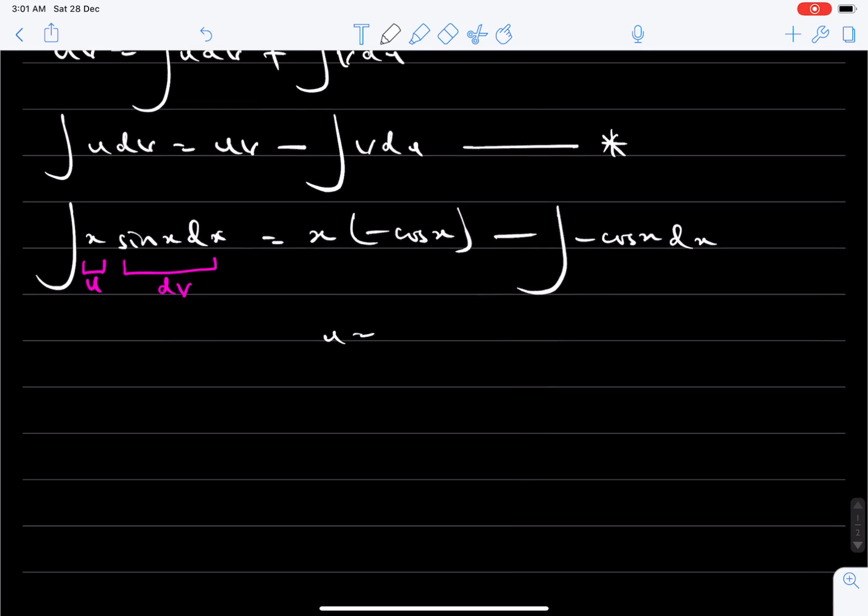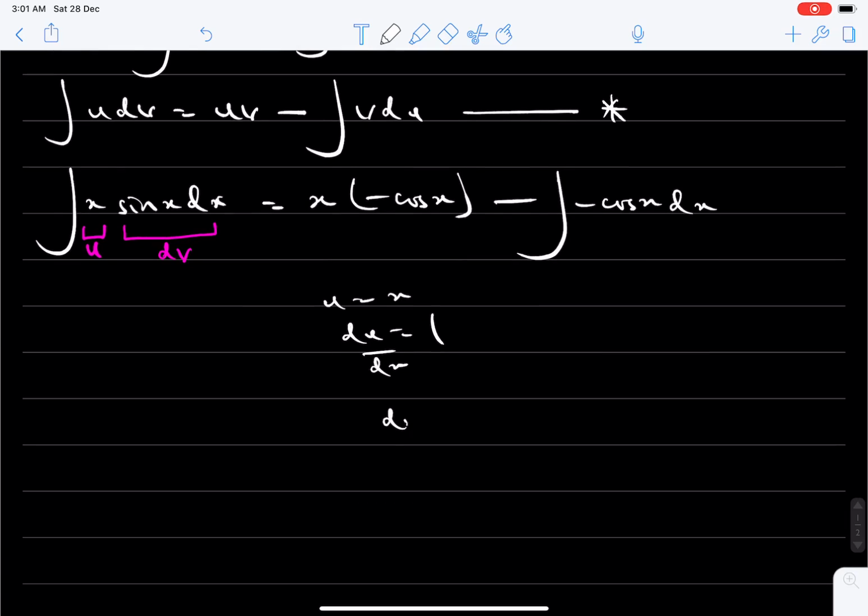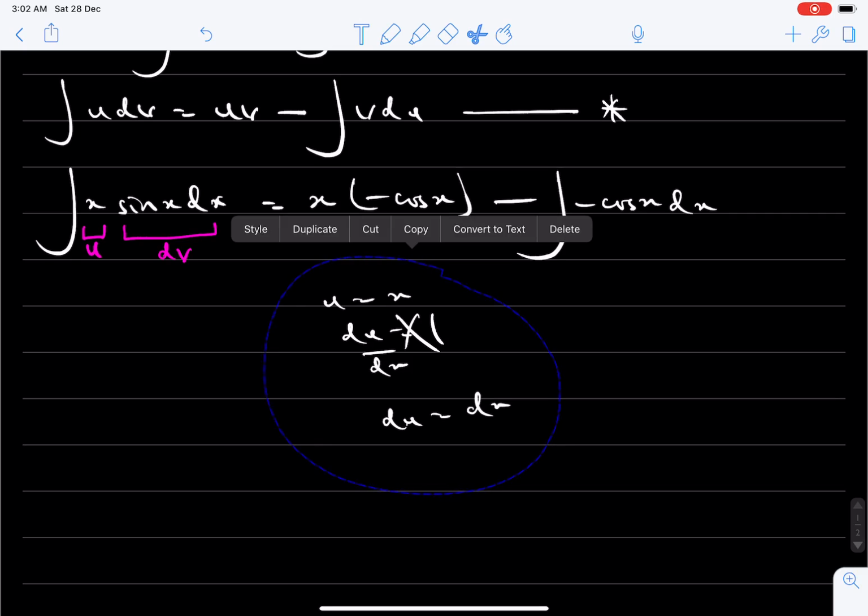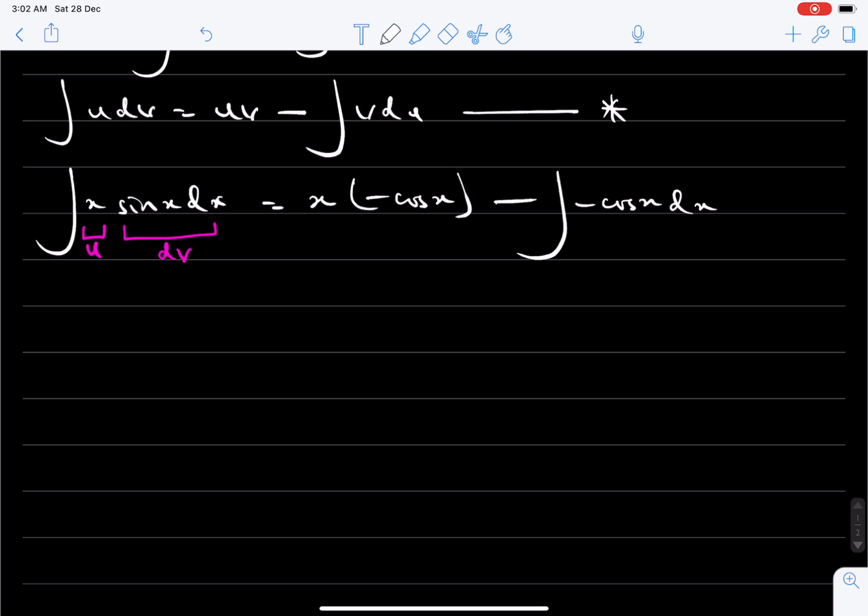If u is x, that means du/dx is 1, and that means du is dx when you cross multiply. So that's why we have dx as du, and we proceed.